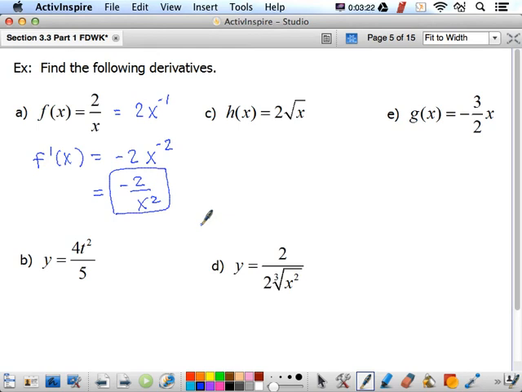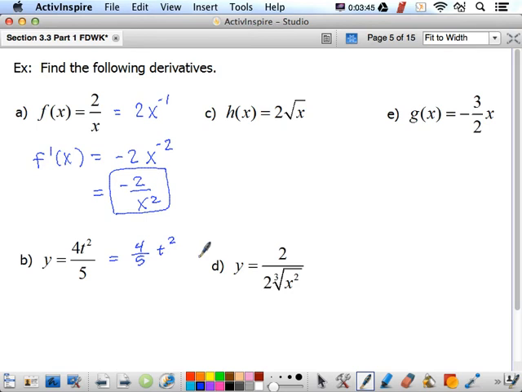So in order to use this, you have to be able to envision it as a coefficient times a variable to a power. So let's talk about part B. We have y equals 4t squared over 5. I need to see that as a coefficient times a variable to a power. So most people like to rewrite it like this, 4/5 t squared.